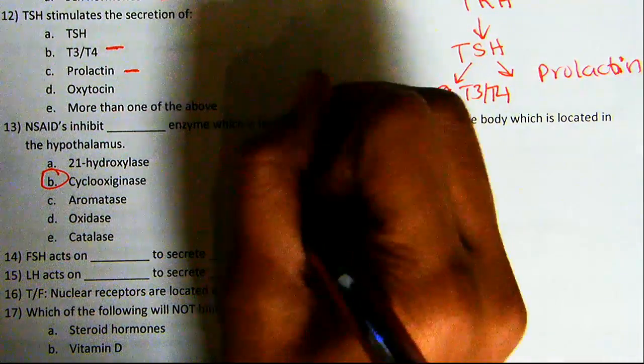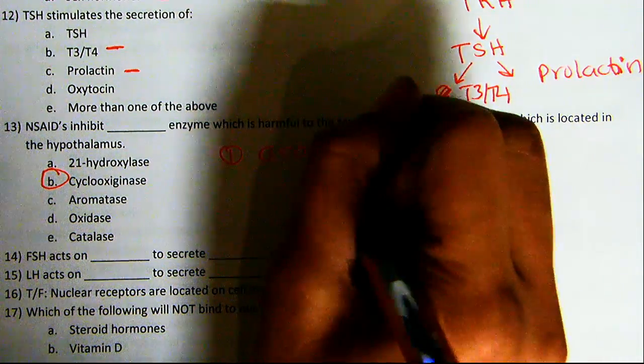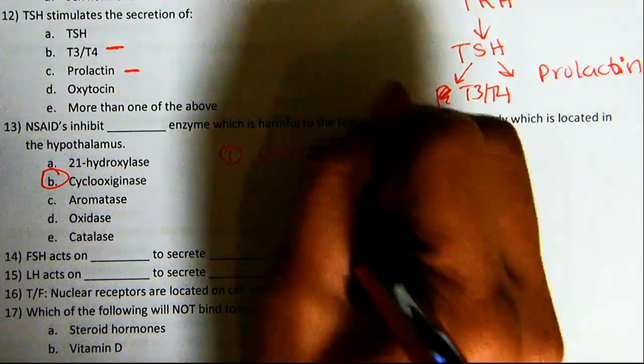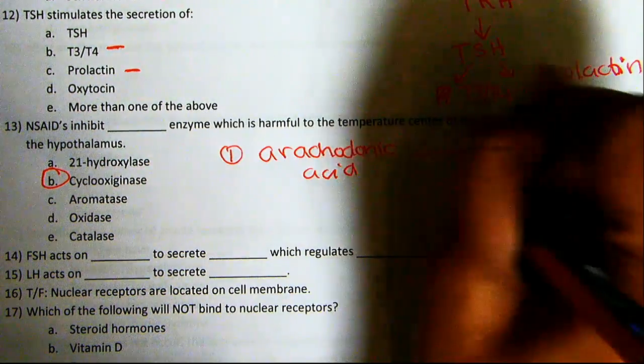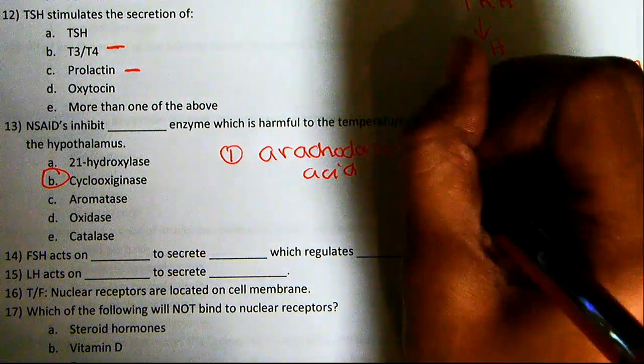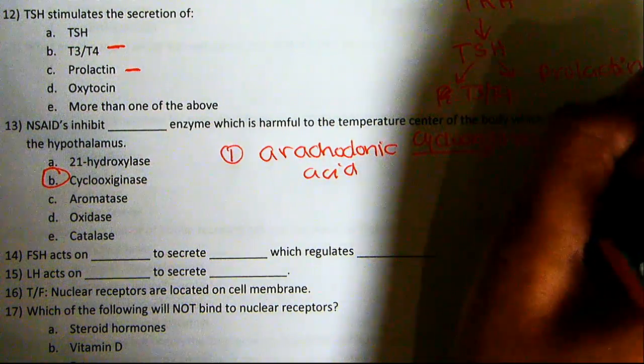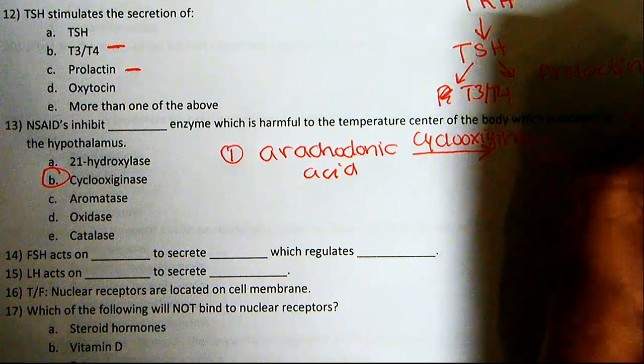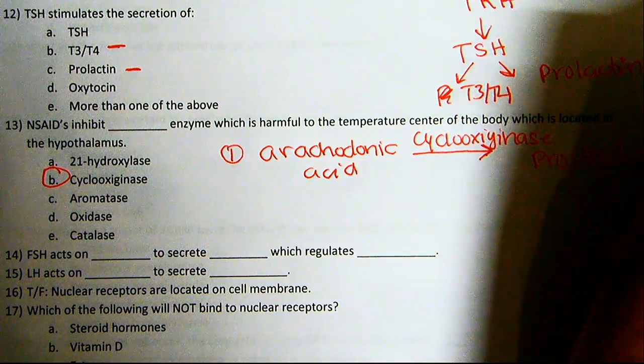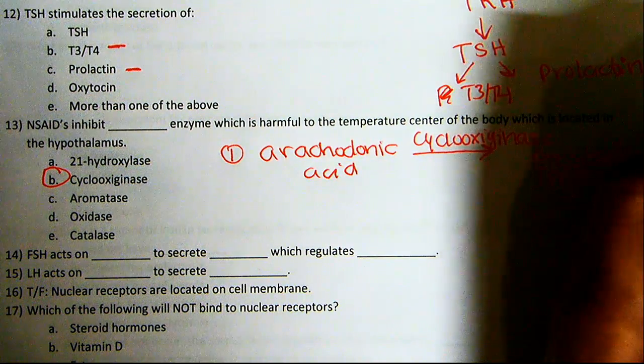So this pathway begins with arachidonic acid, which is converted by cyclooxygenase into the prostaglandin, PGE2.